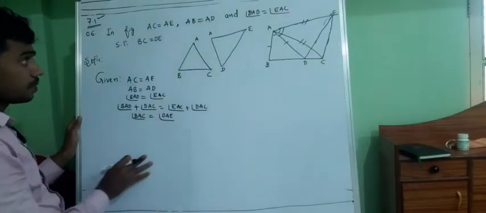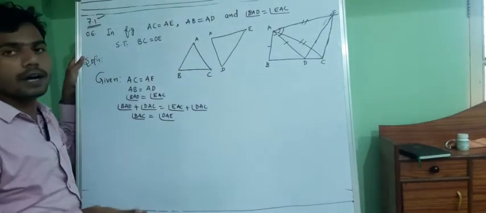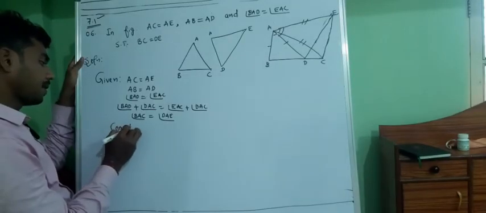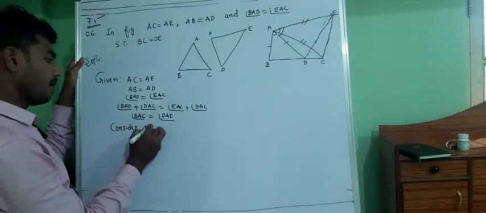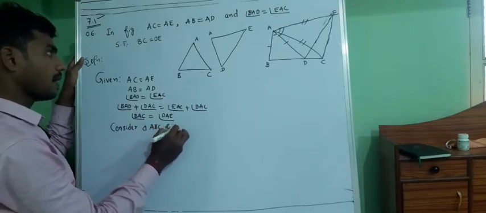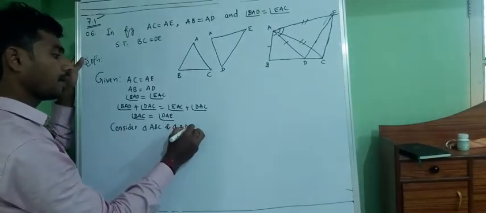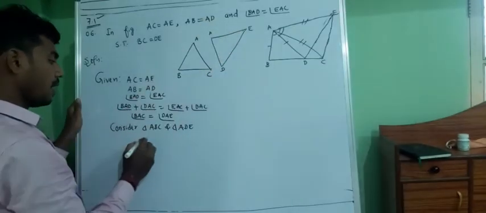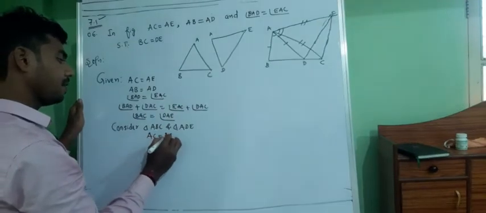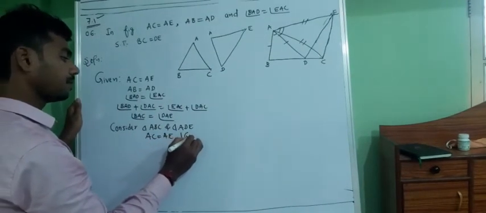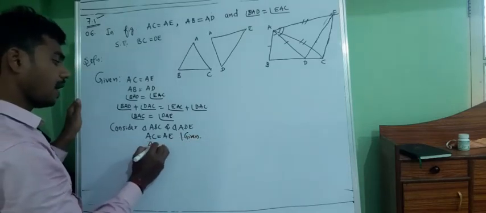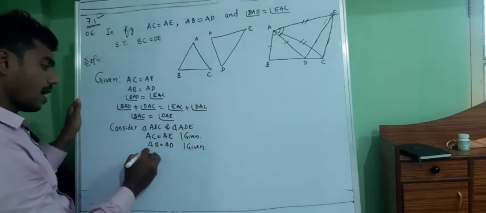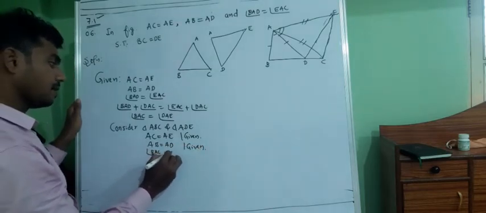Now, I told you to prove the congruency of triangles, we need to consider them. Consider triangle ABC and triangle ADE. Now, AC is equal to AE. Why? It is given. AB is equal to AD. Why? This is also given. Next, angle BAC is equal to angle DAE.